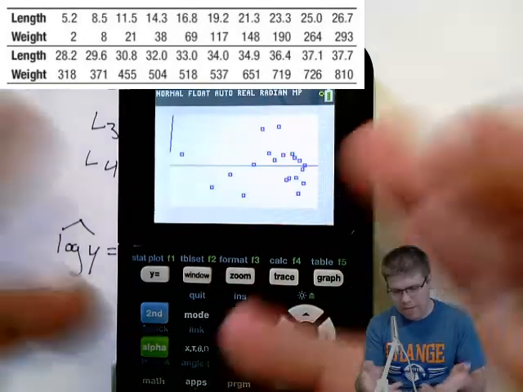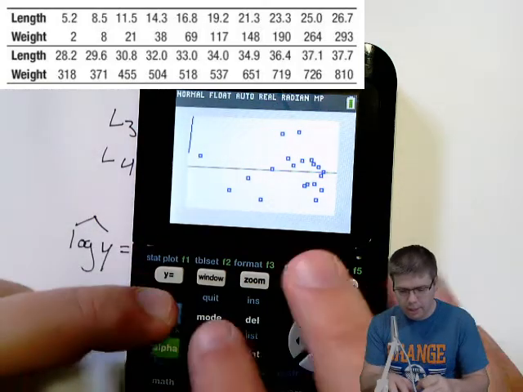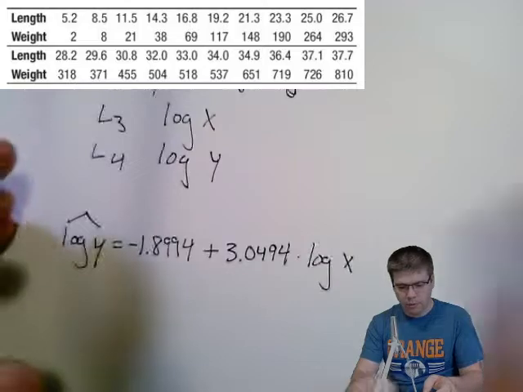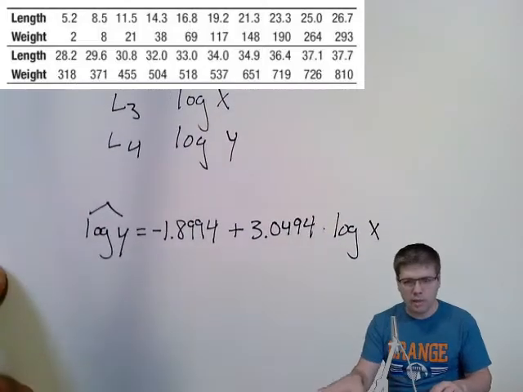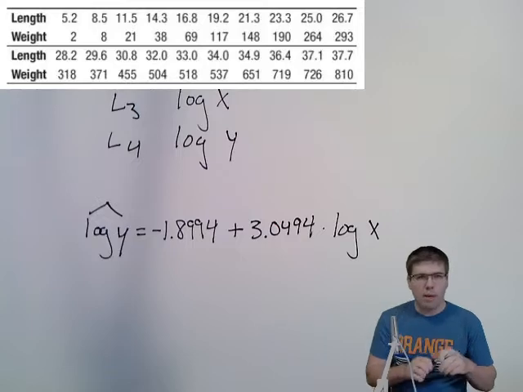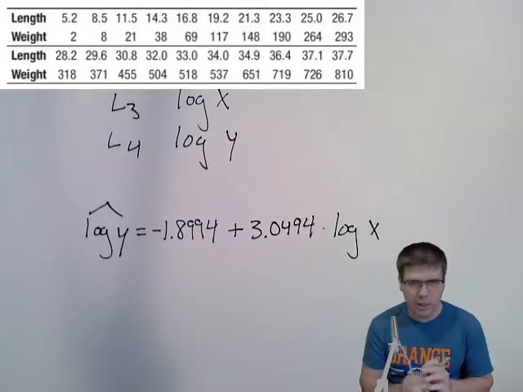And yeah, that's pretty good. That's a pretty messy plot, so we're good there. So it does seem like there is a linear relationship between those log x's and log y's.